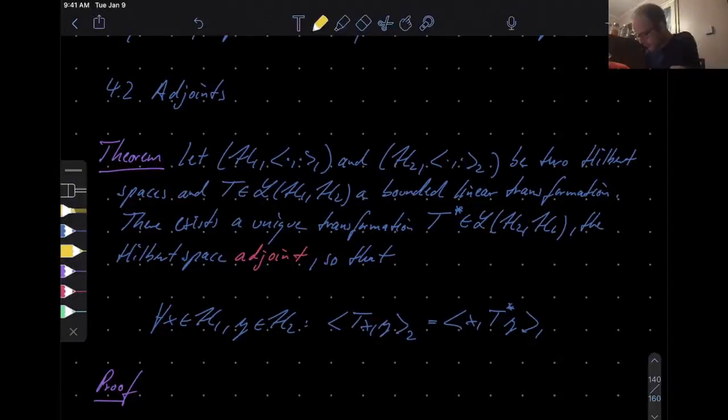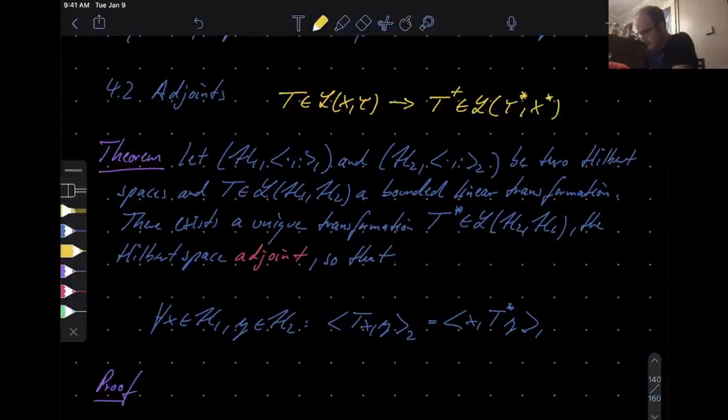So if you have a bounded linear transformation between two normed linear spaces X and Y, then you can cook up an object which is the dual transformation T with the prime on top that goes the other way, from the dual space of Y to the dual space of X. And that dual transformation has some very nice properties.